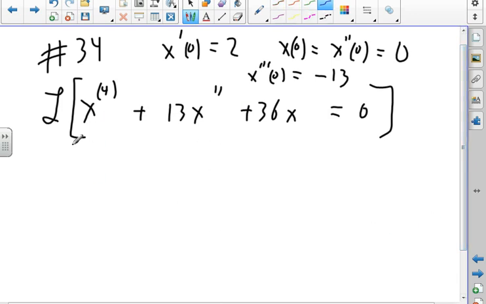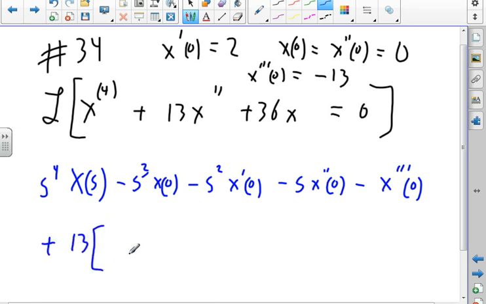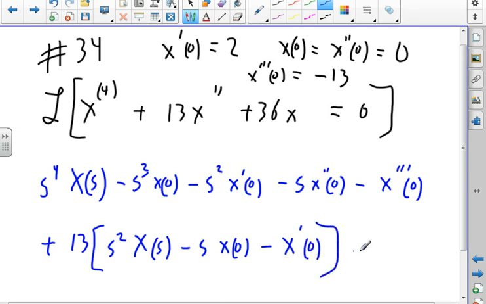So, this is s to the 4th x of s minus s cubed x at 0 minus s squared x prime at 0 minus s x double prime at 0 minus x triple prime at 0 plus 13 times s squared x of s minus s x at 0 minus x prime at 0 plus 36x of s is equal to 0.